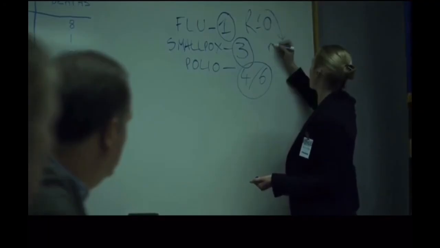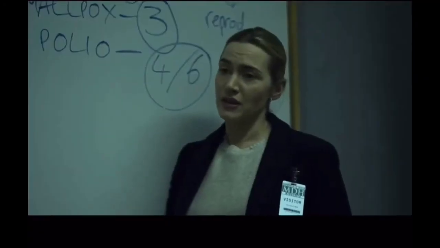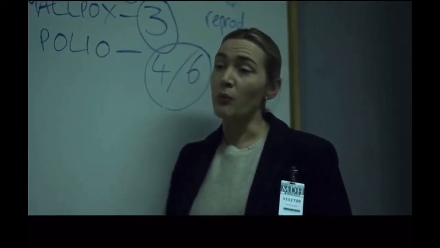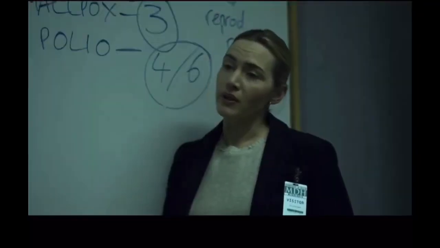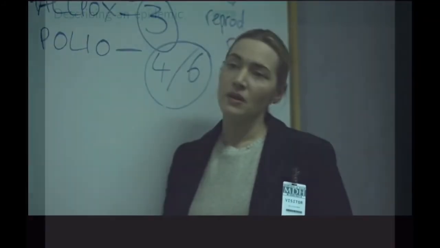R stands for the reproductive rate of the virus. Any ideas what that might be for this? How fast it multiplies depends on a variety of factors. The incubation period, how long a person is contagious. Sometimes people can be contagious without even having symptoms. We need to know that too. And we need to know how big the population of people susceptible to the virus might be. So far, that appears to be everyone with hands, a mouth, and a nose.